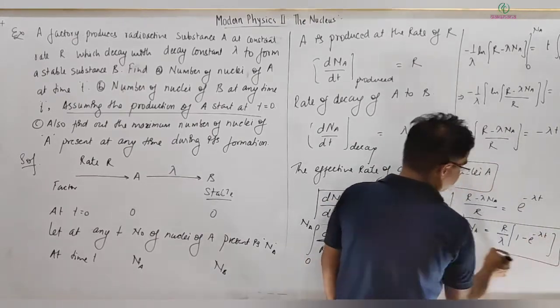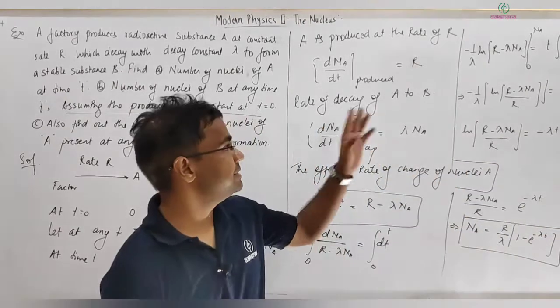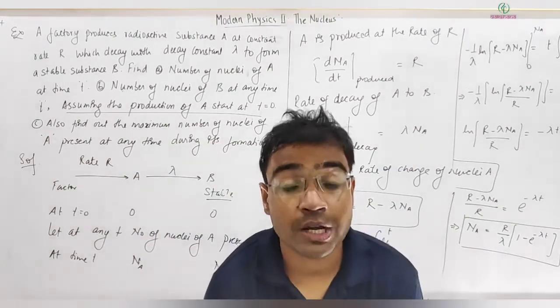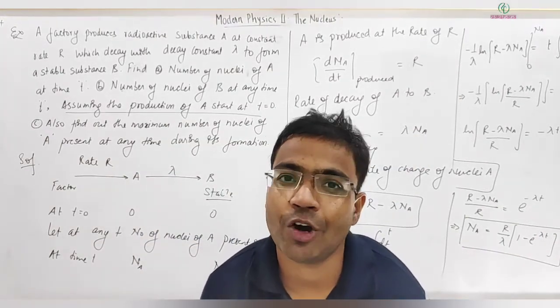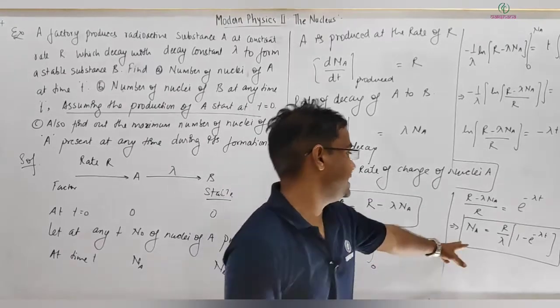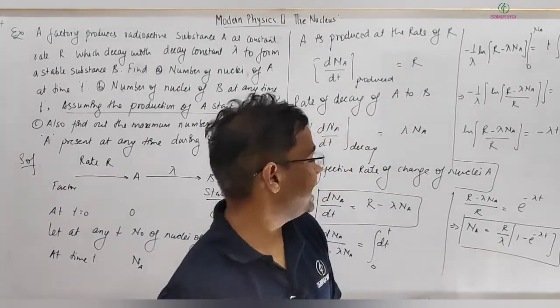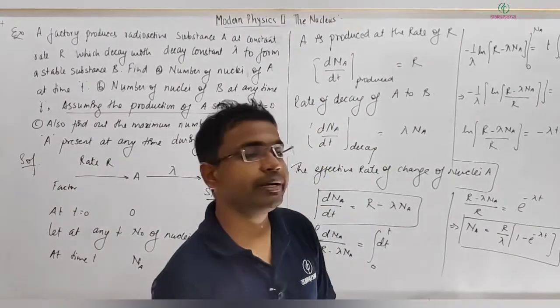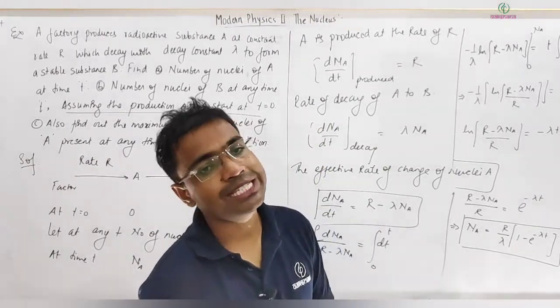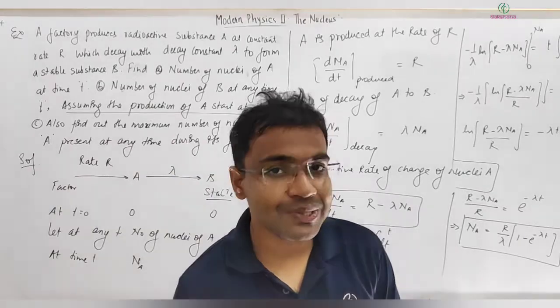So with a simple integration process, we got the number of nuclei of A present at any time t.